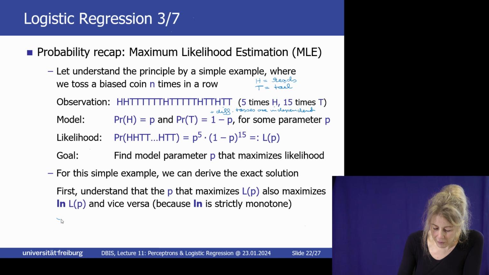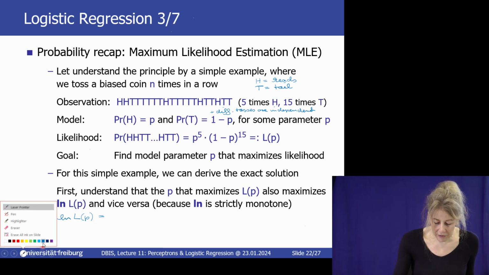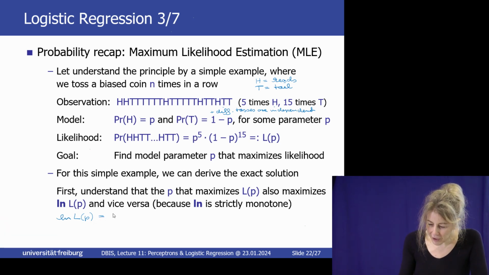So let's write down ln of L of P, and you will see instantly, and that's a very typical situation, likelihoods are usually products of probabilities, very ugly to differentiate. If you take the logarithm, it becomes a sum, much nicer. So now we have ln of p to the 5 times (1 minus p) to the 15.